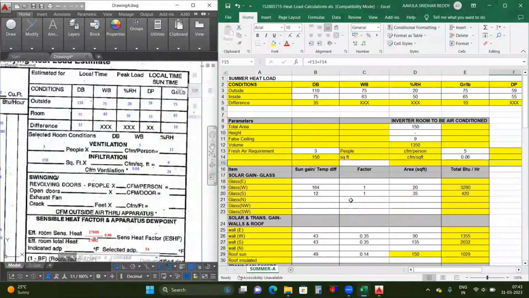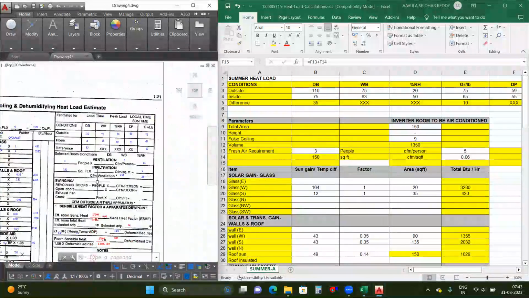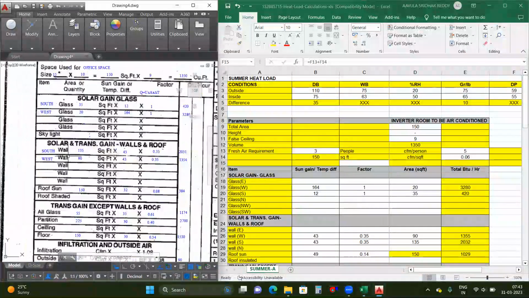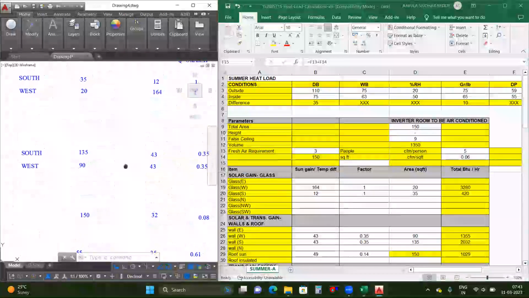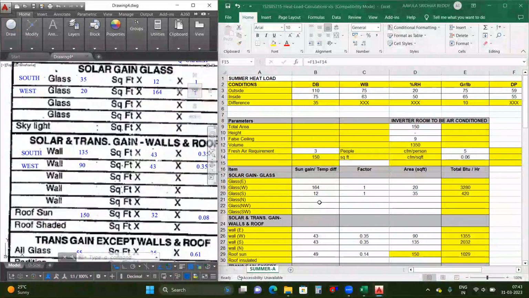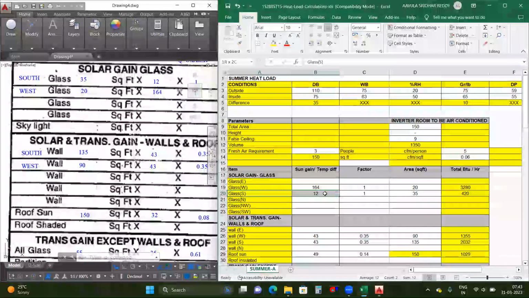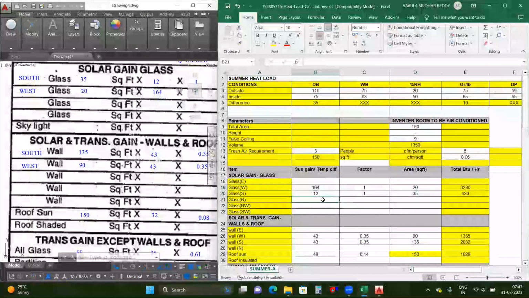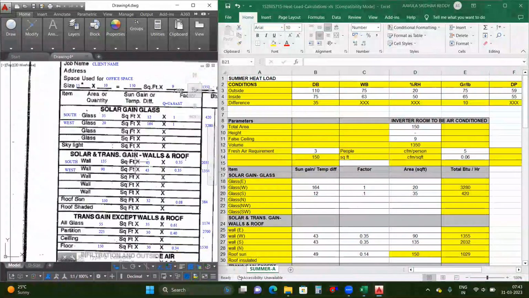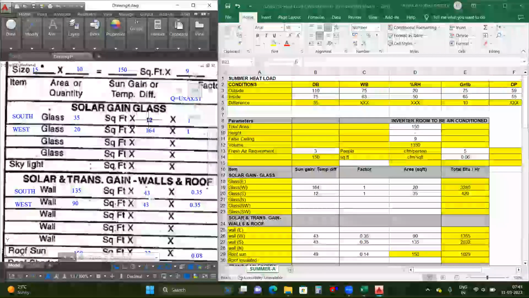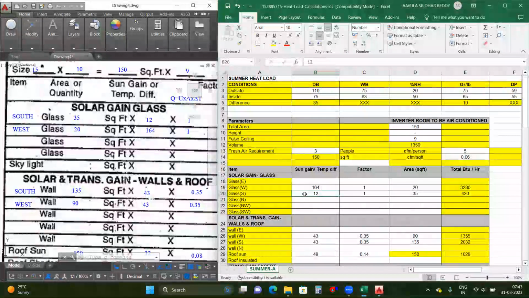Next we come to the solar heat gain through glasses. South and west side we have the glasses. First is the temperature difference: south side it is 12 and west side it is 164, right?